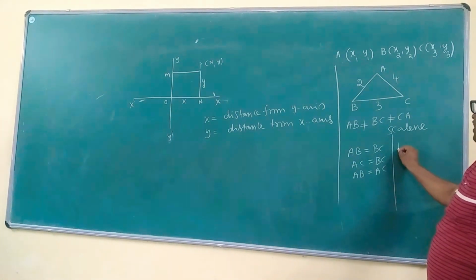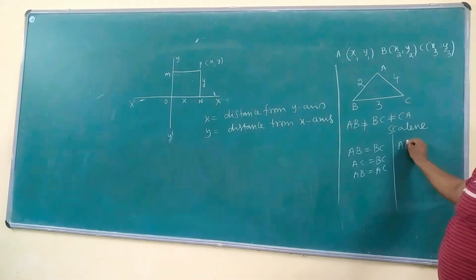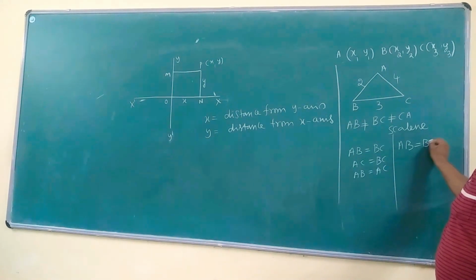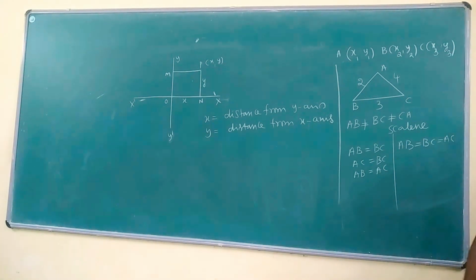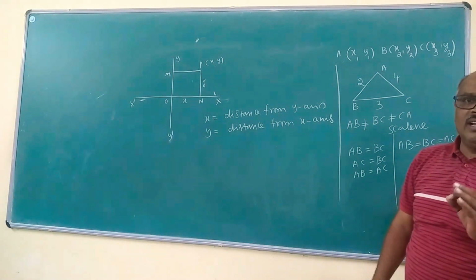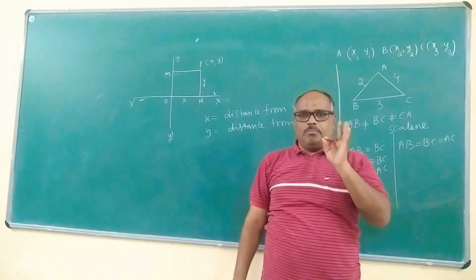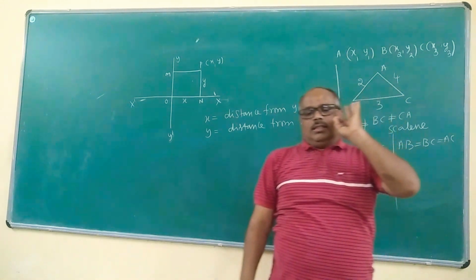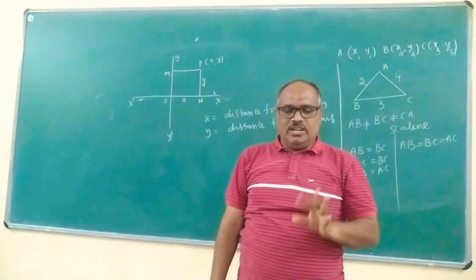Suppose A, B, C are the three given points. If AB is equal to BC is equal to AC, then the given points are the vertices of an equilateral triangle.